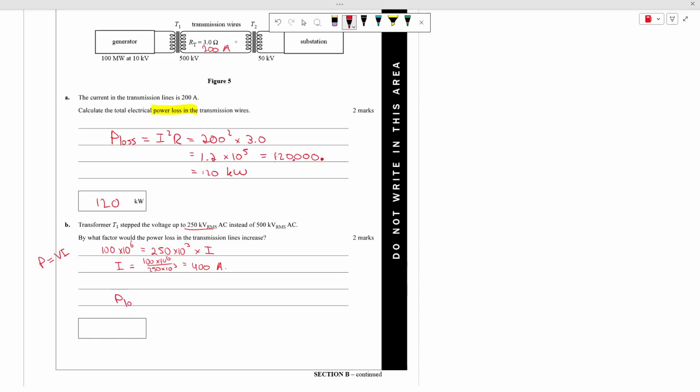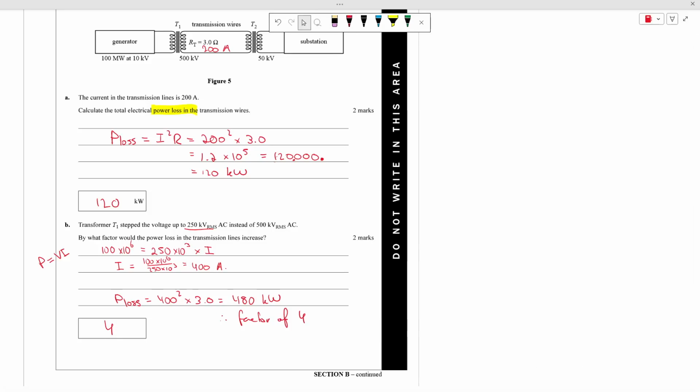My power loss is 400 squared, current squared times resistance, which is 480 kilowatts. So by what factor would the power loss increase? There's a factor of 4, because I've gone from 120 kilowatts to 480. It's multiplied by 4 to get this new power loss. So just put a 4 in here.